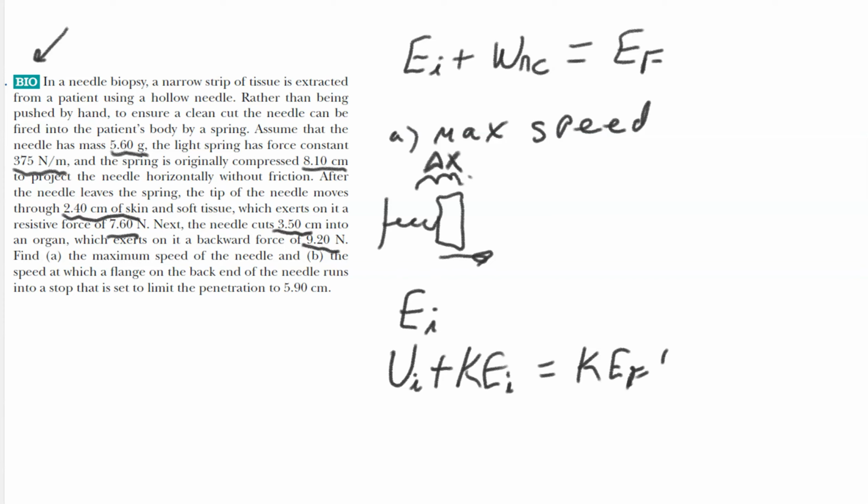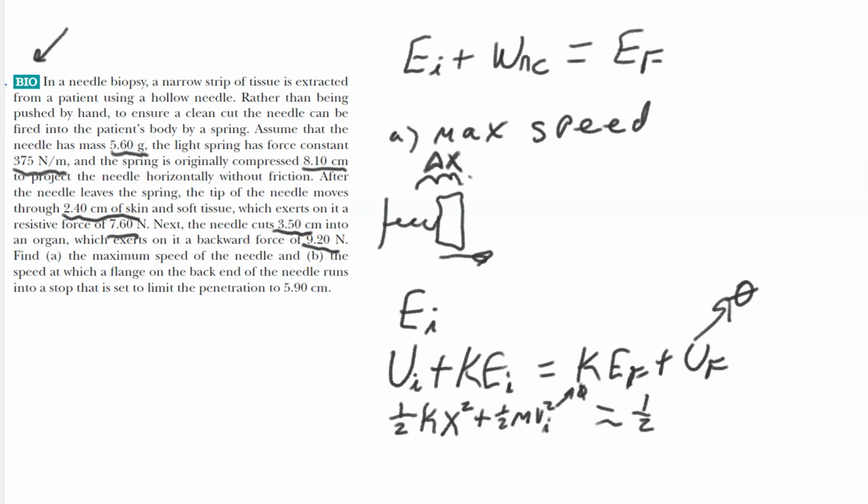I should say final, and I'll include potential energy final here as a term, although we're going to say that this is zero because the spring has uncompressed itself. So that's when maximum speed occurs. So we can say 1/2 kx squared plus 1/2 mv initial squared. This is zero because it starts at rest, right? This equals 1/2 mv final squared.